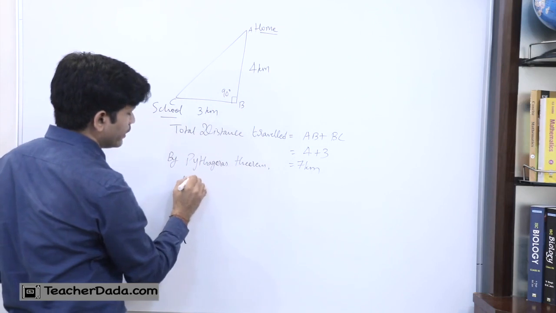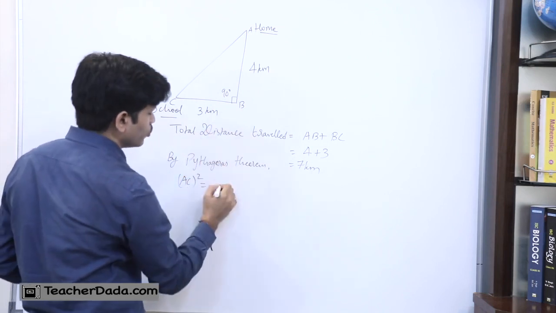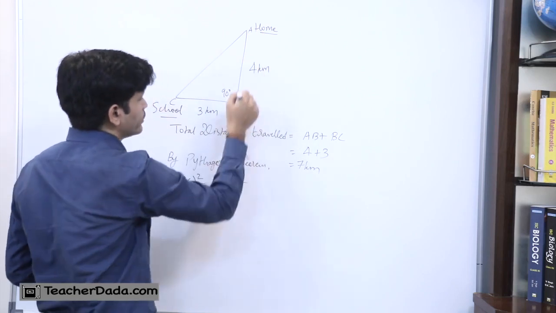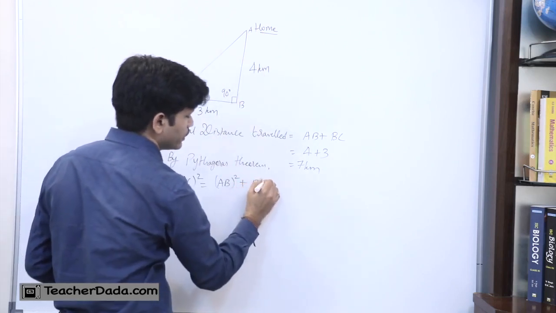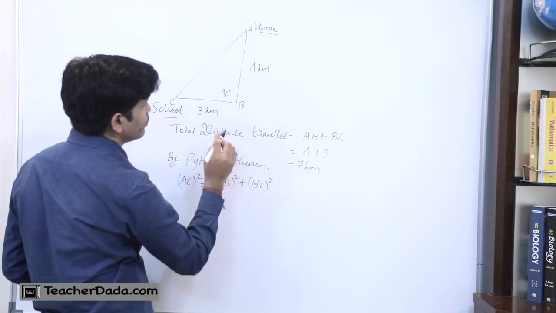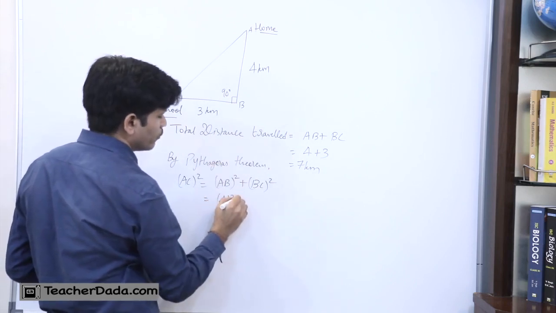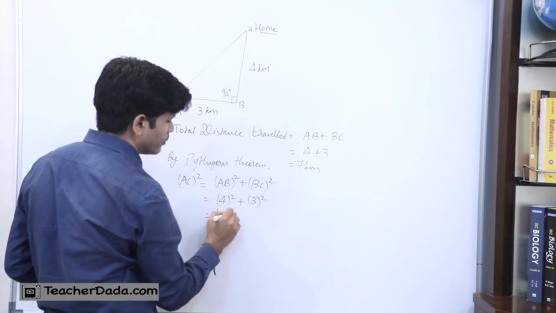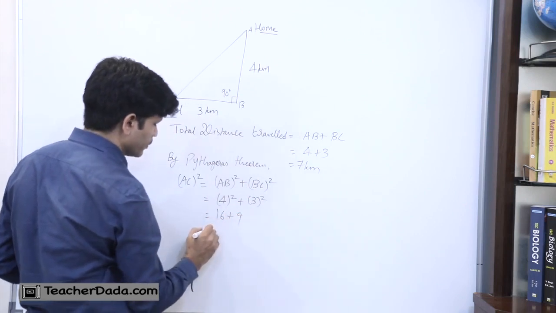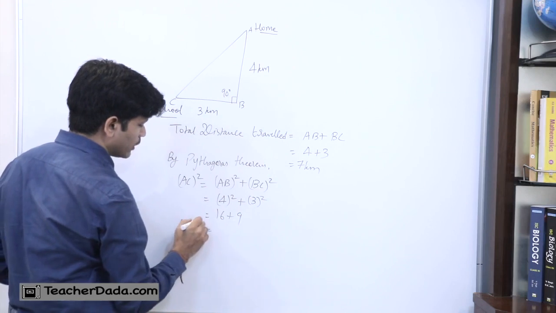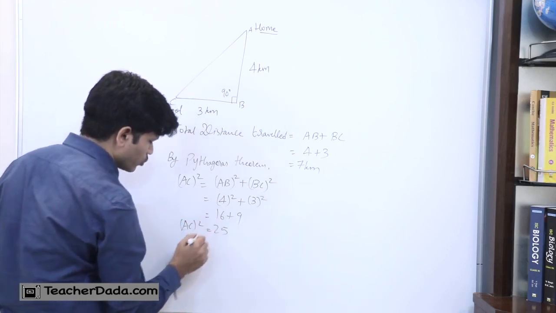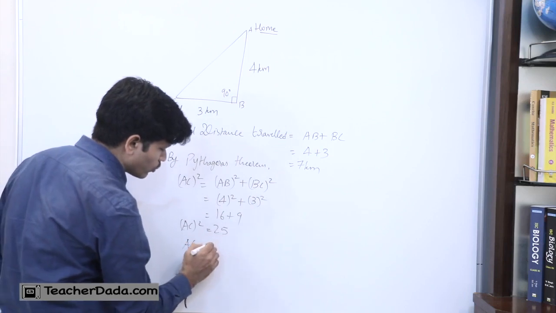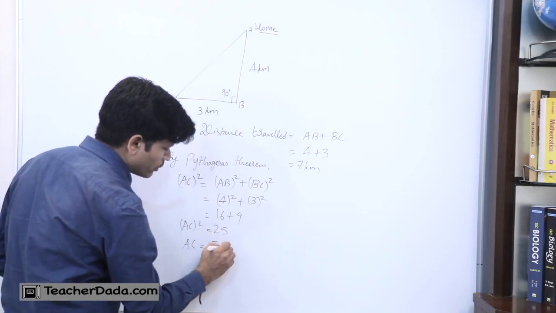So AC square is equal to the sum of the squares of the other two sides, that is AB square plus BC square. So AB square is 4 square plus 3 square. So here we will get 16 plus 9. If we add them both, we will get 25. If we take square roots on both the sides, we will get AC is equal to square root of 25, which is 5 kilometers.